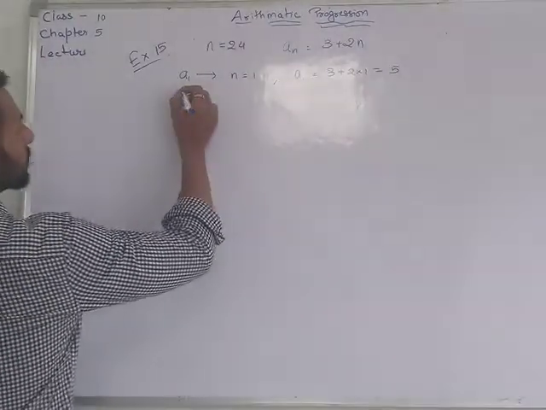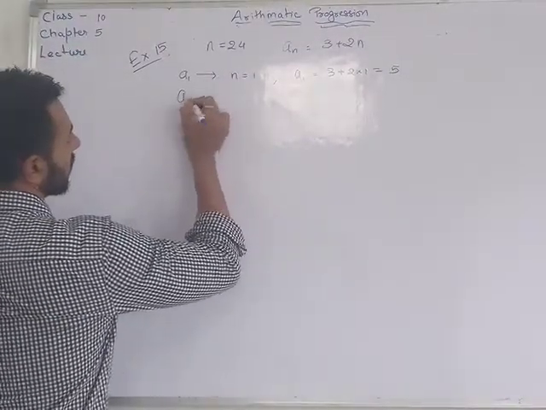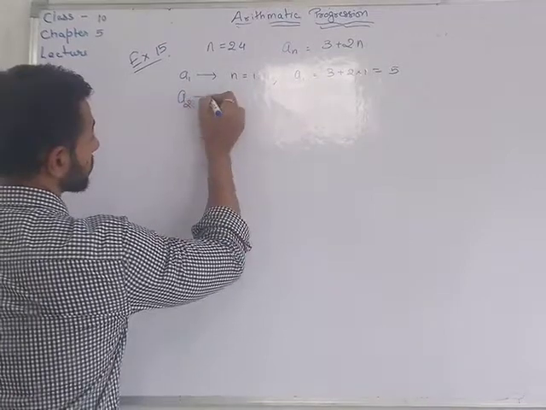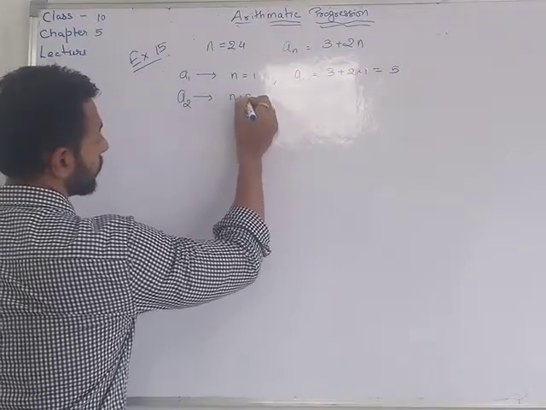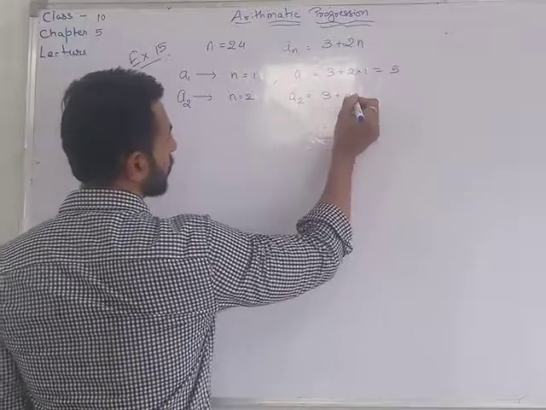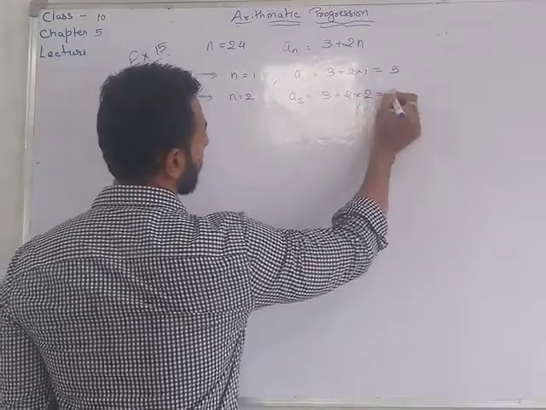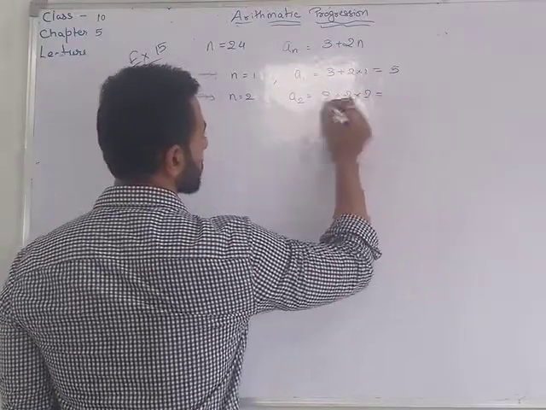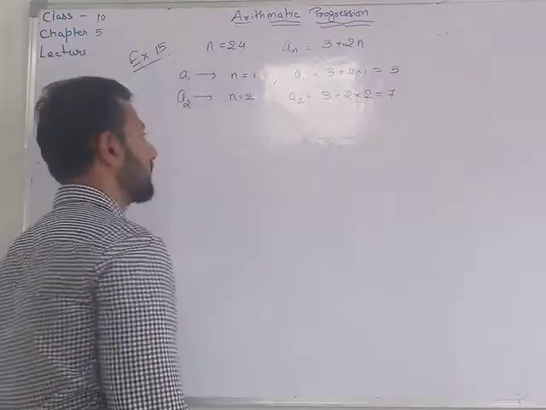a2 means n is equal to 2, so 3 plus 2 into 2. 2 into 2 will be 4, plus 3, that is 7.